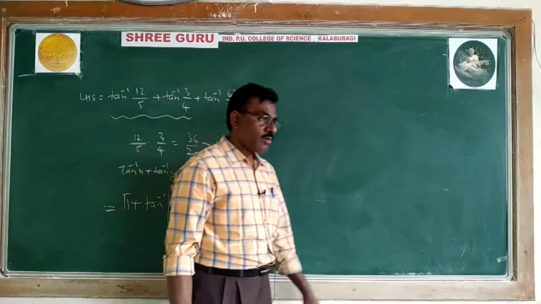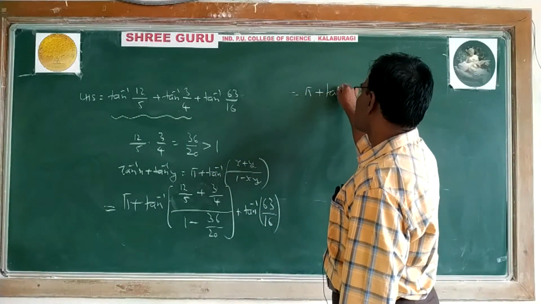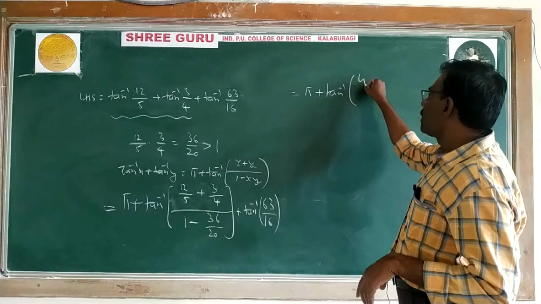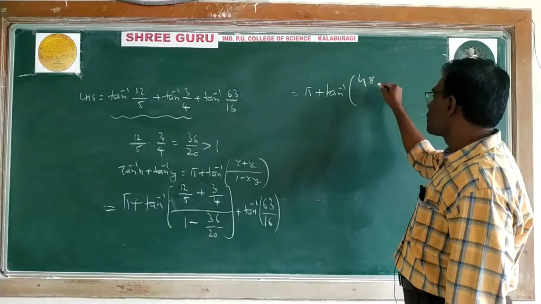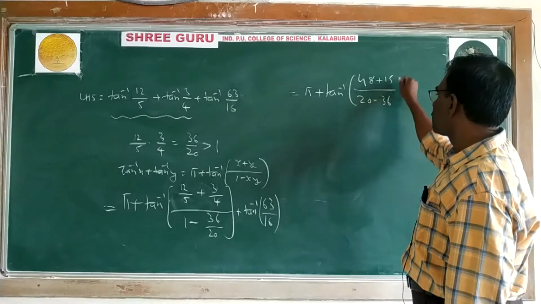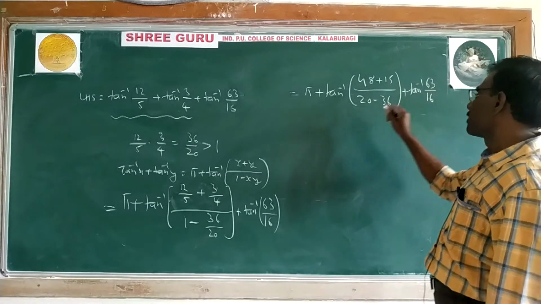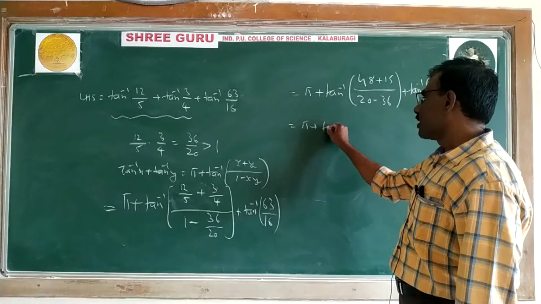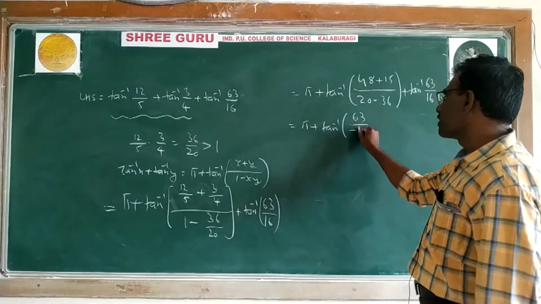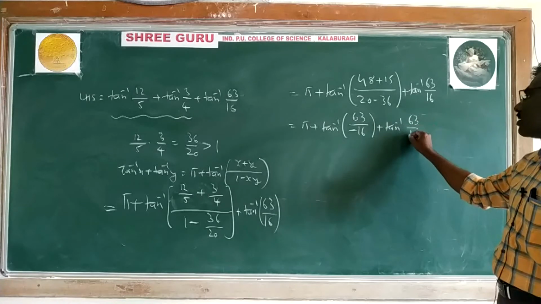That equals pi plus tan inverse of, LCM is 20, so 48 plus 15, 63 divided by 20, over 20 minus 36, so 63 divided by minus 16, plus tan inverse of 63 by 16.